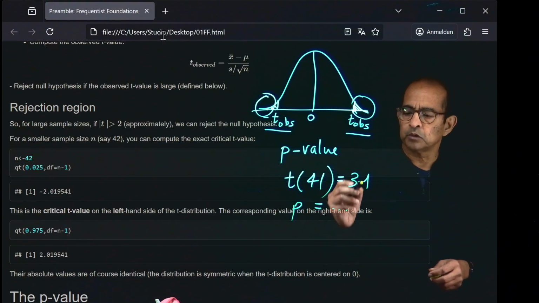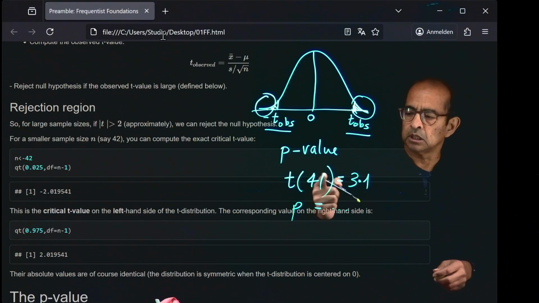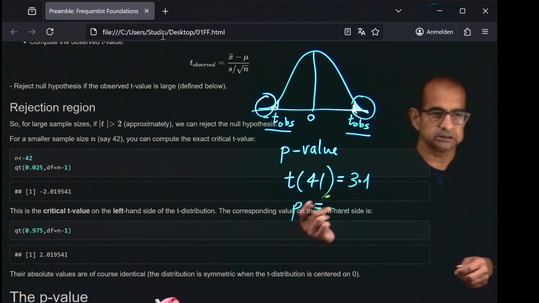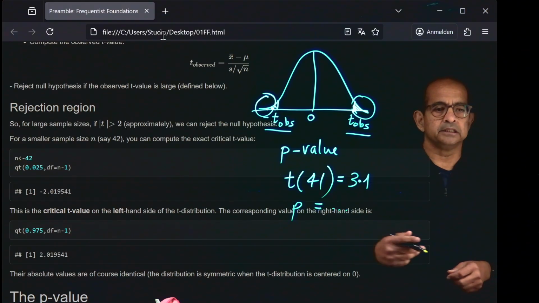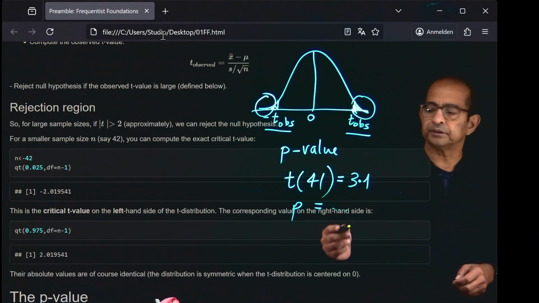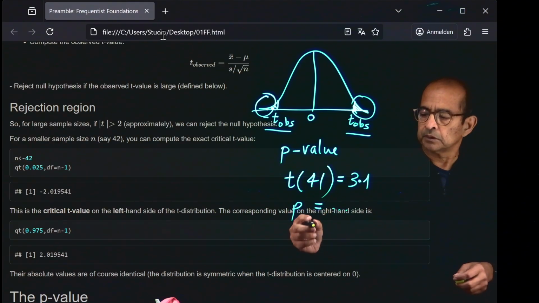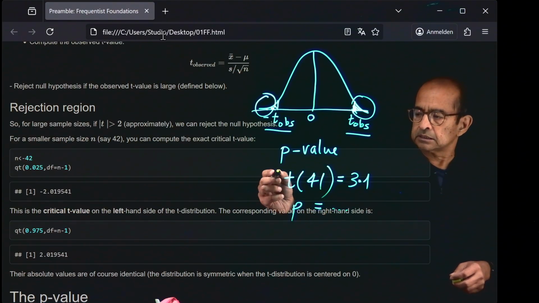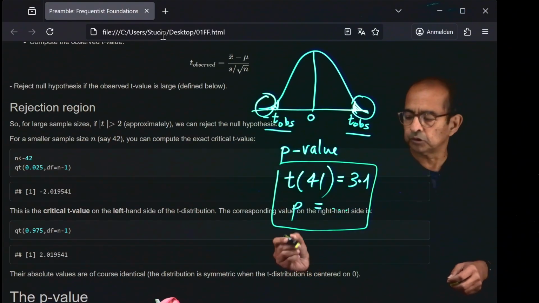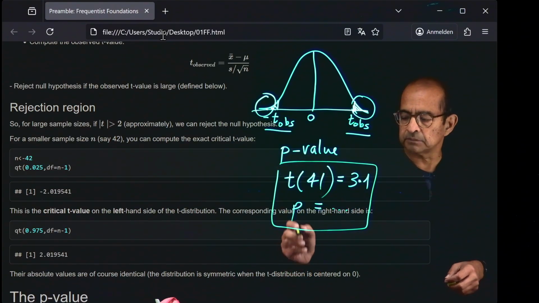Okay, so we can look up the corresponding p-value by using one of the dpqr family of functions as discussed in the foundations lecture in chapter 1. Okay, so this is the information that I would report, and in addition what one generally reports is the difference in means that you observe.